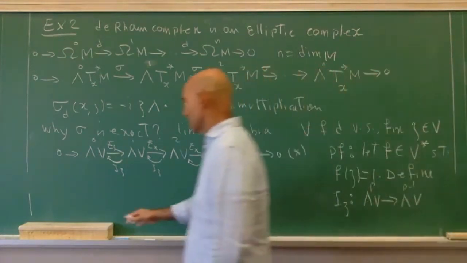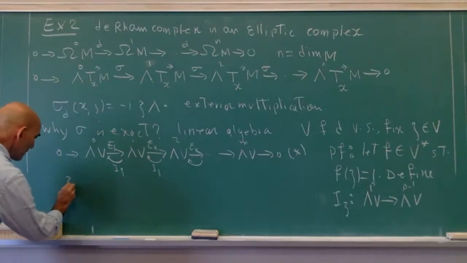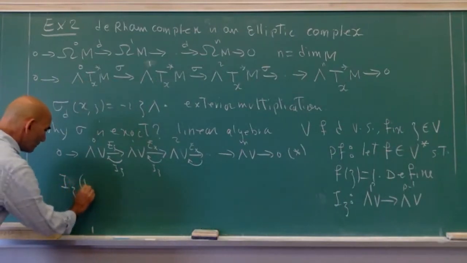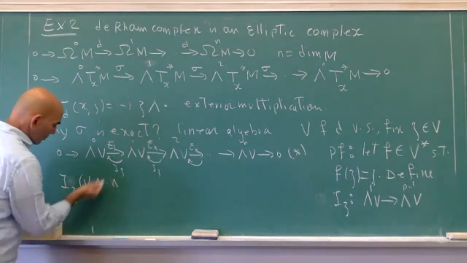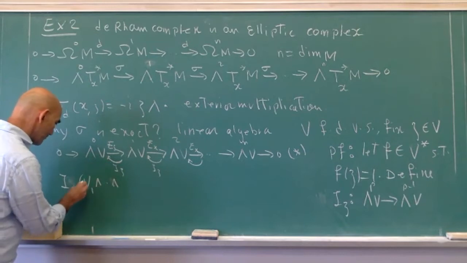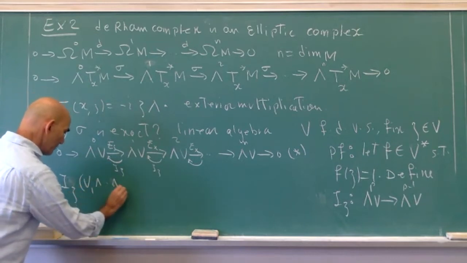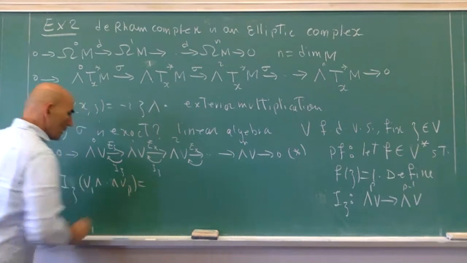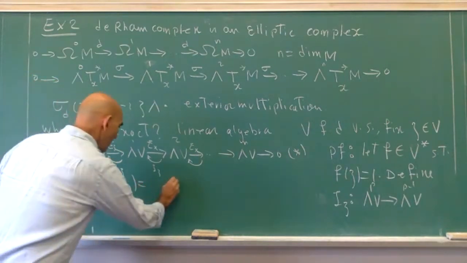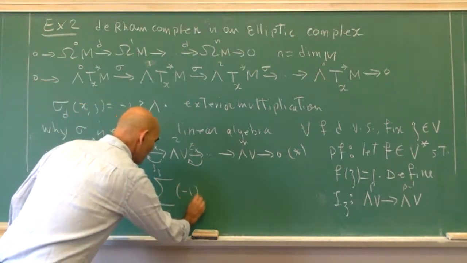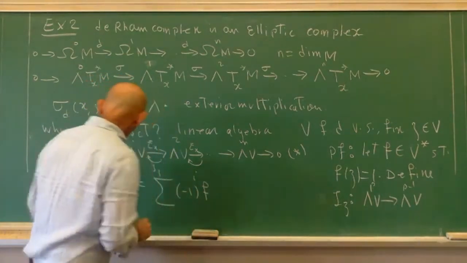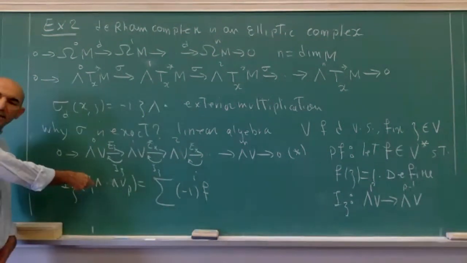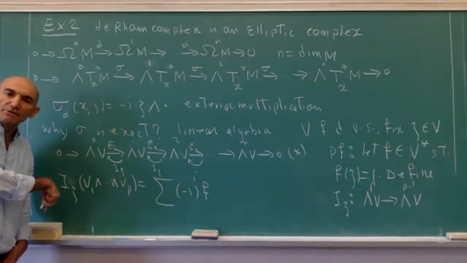So it's defined like this: i_{X_c} of a homogeneous element v1 wedge ... wedge vp is equal to the sum of minus 1 to the power i, you just apply f to the ith entry here and drop that entry.